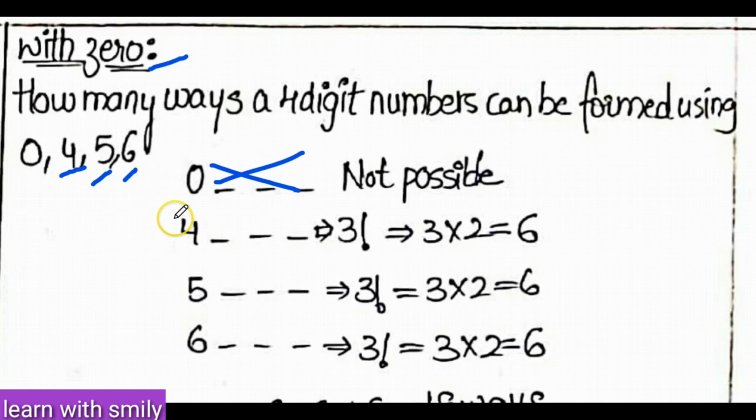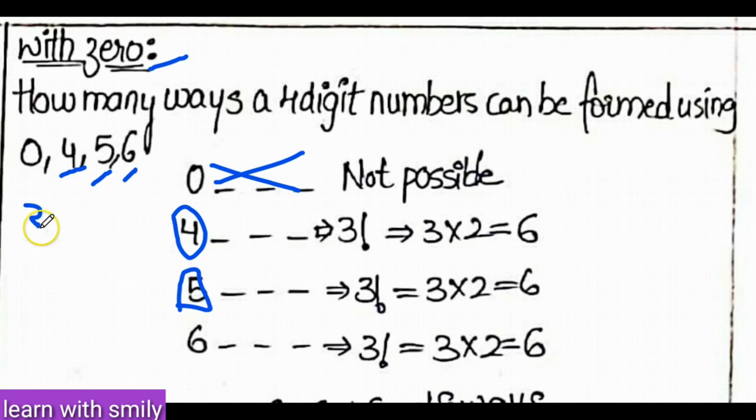If 4 has been fixed in the first position, the remaining 5 6 0 can be arranged in 3 factorial ways. Coming to 5, if 5 is given at the first place, then there are 3 factorial ways in which 4 6 0 can be arranged.